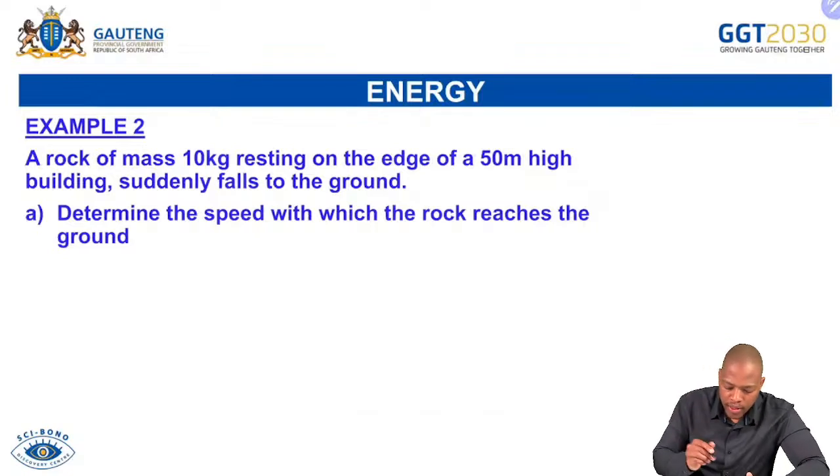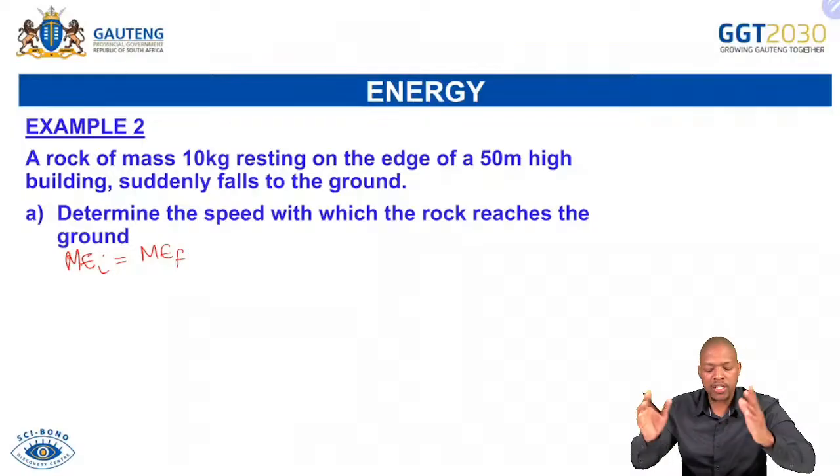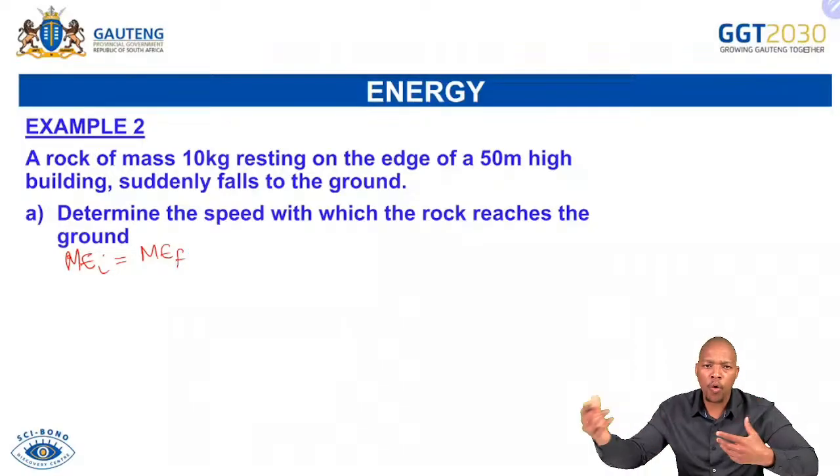But what do we know? We know that the mechanical energy is conserved, okay? Total mechanical energy is conserved in this case, so it should be the same. So we can start and say that ME initially is equal to ME final. That's what I use, initial and final. You can use top and bottom, you can use before and after.